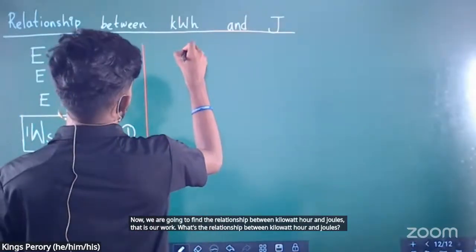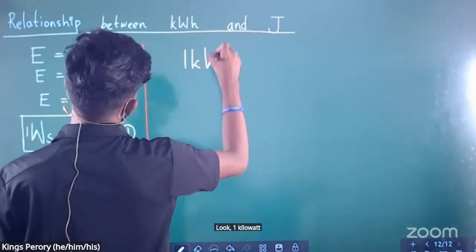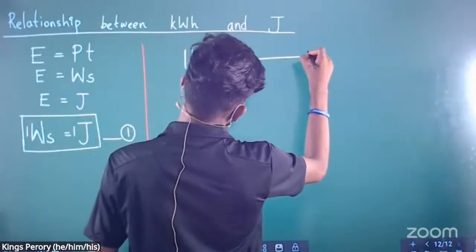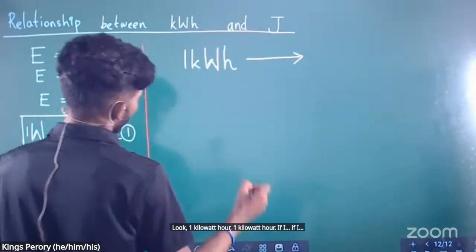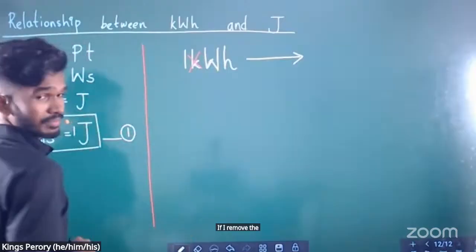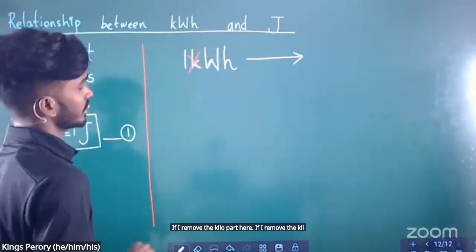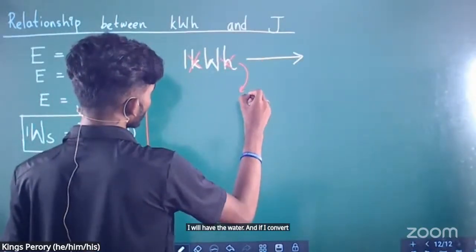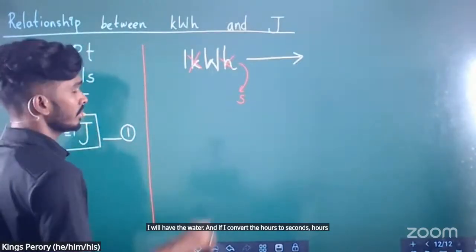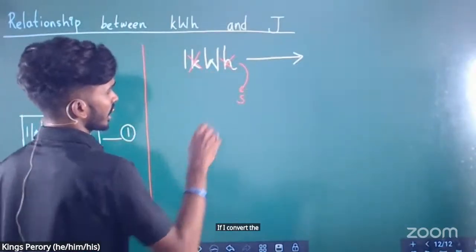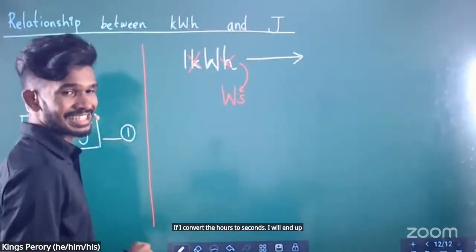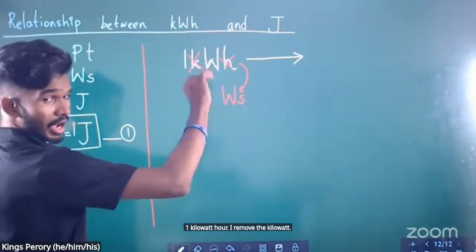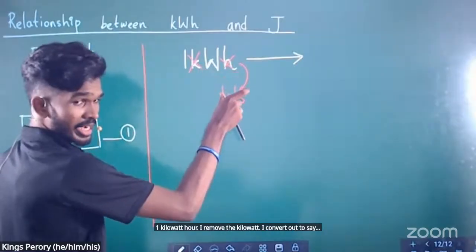Look. 1 kilowatt hour. If I remove the kilo part here, I will have the watt. And if I convert the hours to second, I will end up with watt second.